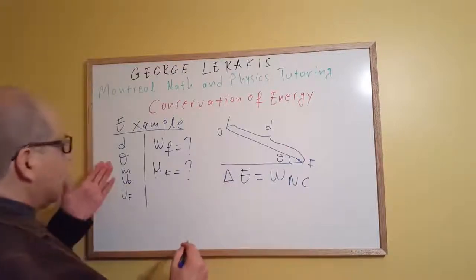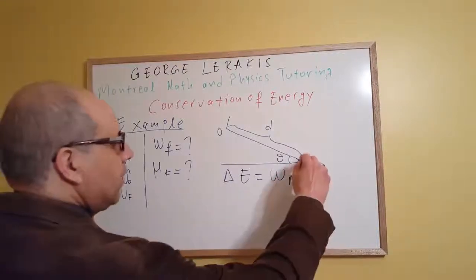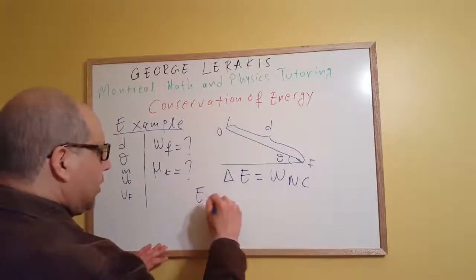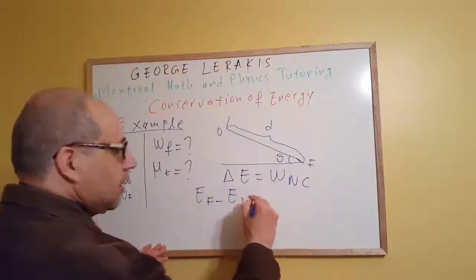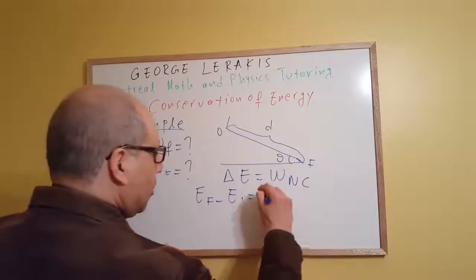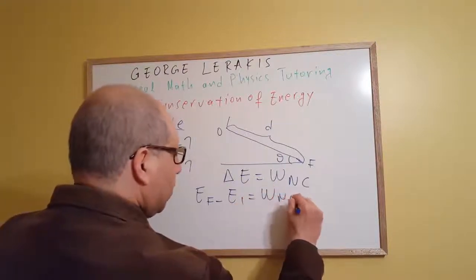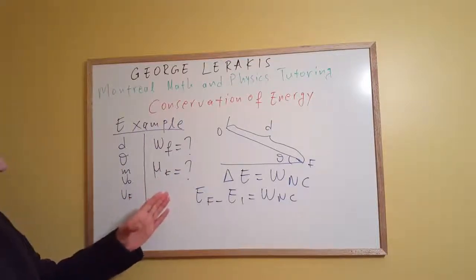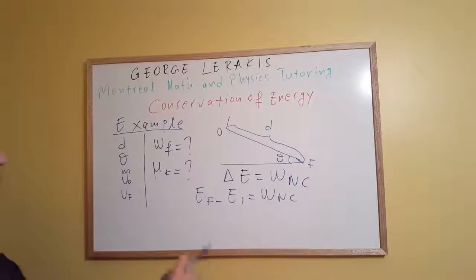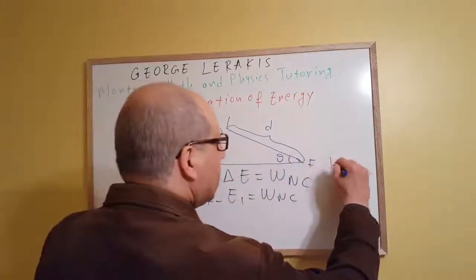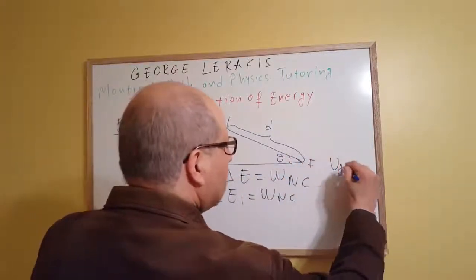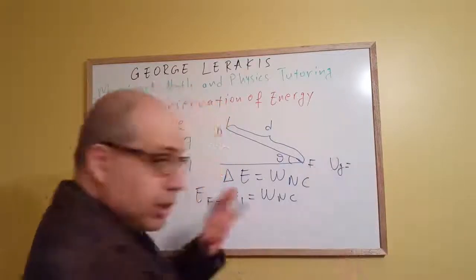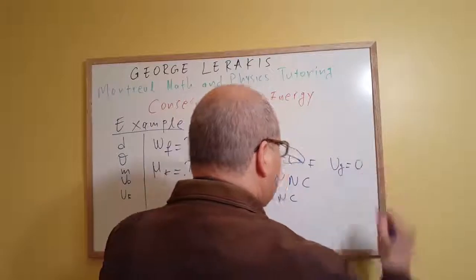So, delta E, in this case, this we said is the final and this is the initial point, so that means that E at final minus E at the initial has to be equal with the work of non-conservative forces. So E final. At this point here, we consider the point where the potential energy due to gravity is equal to 0.